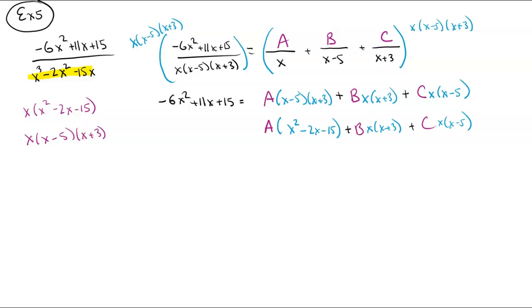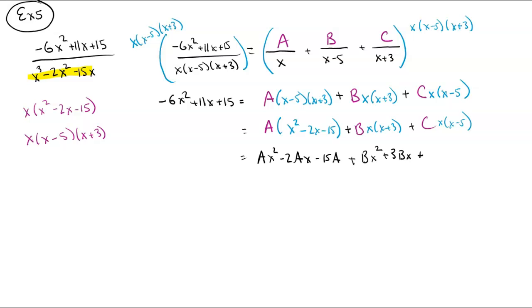Okay, so now that we kind of understand what we're doing, I'm probably going to drop the colors, equal sign. So the a is going to be distributed to everything, so I'm going to be left with an ax squared minus 2ax minus 15a, so that's my first one. Now, what's great about having a monomial, b times x is just bx, so that means bx times x gives me bx squared, and then plus 3bx.